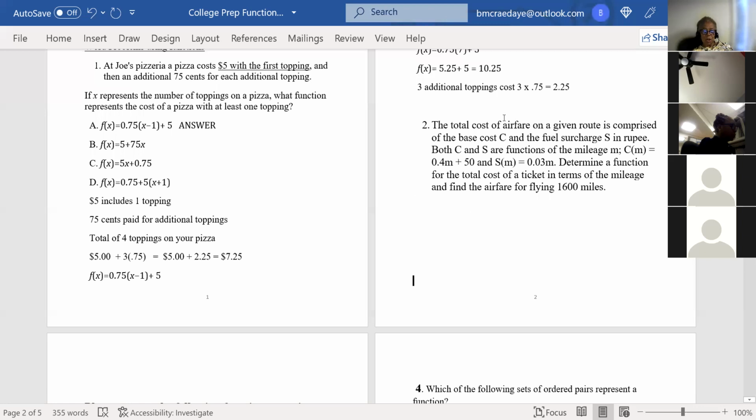So the total cost of airfare is what? Base cost and the fuel surcharge. All right. So the total, let's just write that here in words. Total cost.